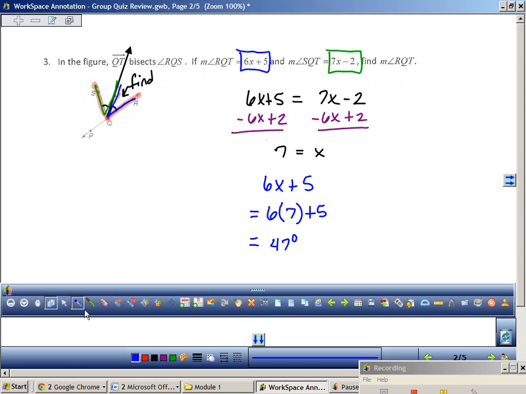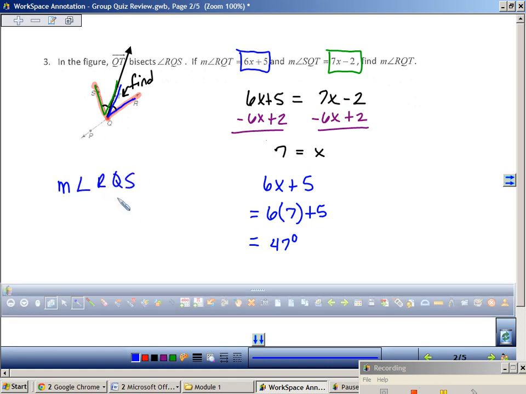But Mrs. Muller, my test on Thursday says that I need to find the measure of angle RQS. Uh-oh, did I say too much? What if my test said the measure of RQS? And you would add them together.